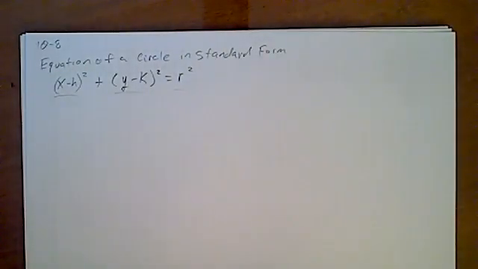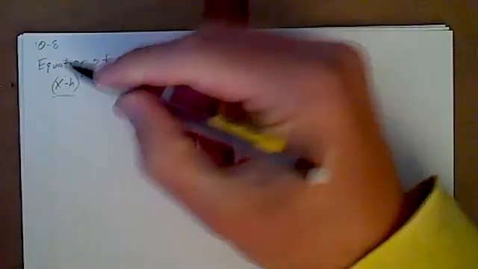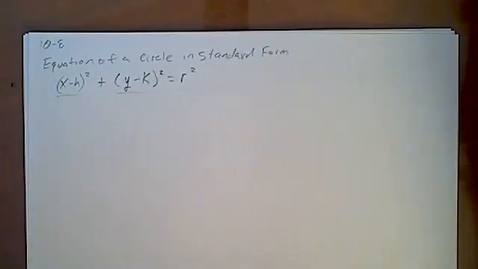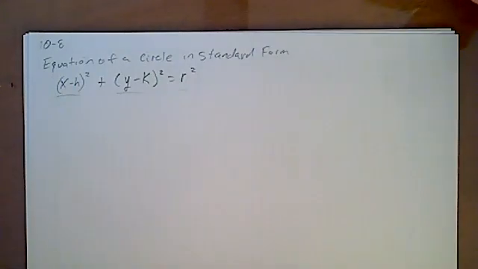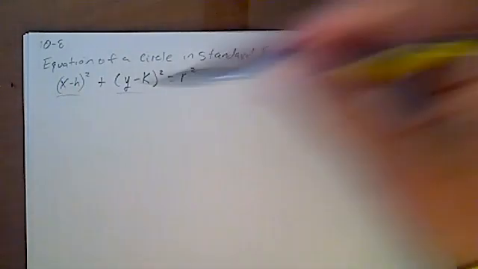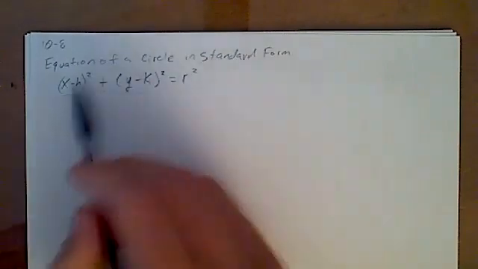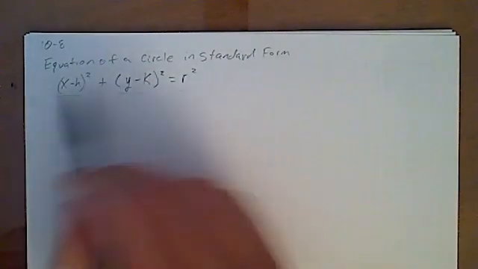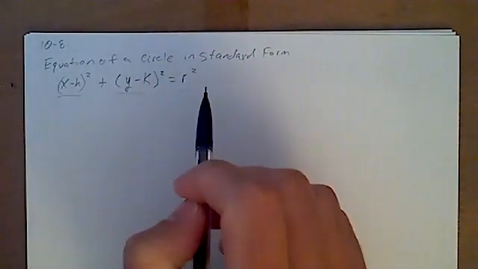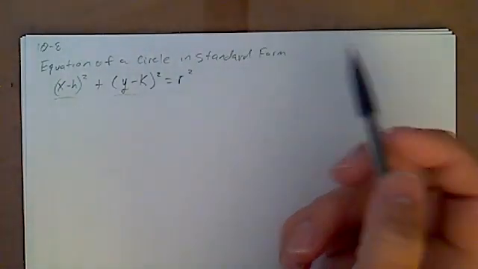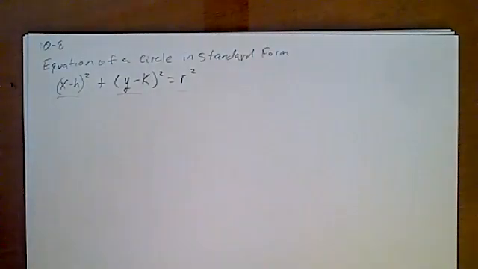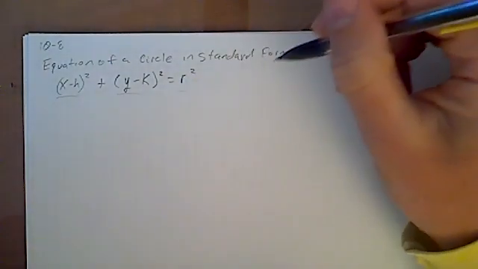That's the Pythagorean theorem, just with more going on here. Or the distance formula, where distance equals the square root of the sum of two squares. If we took the square root of both sides, we'd have r equals the square root of the sum of two squares. So this is the same formula, just written a little differently to get us what we want.